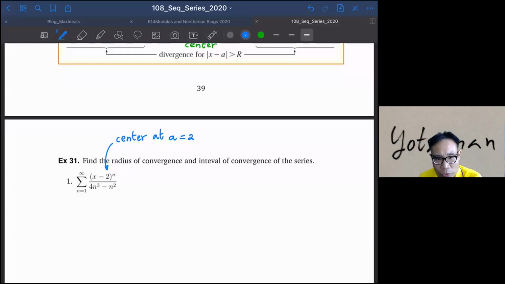So we need to identify the radius of convergence, and we would like to know the interval of convergence. The way to determine the radius of convergence will be using the ratio test. So this one will be your un of x.